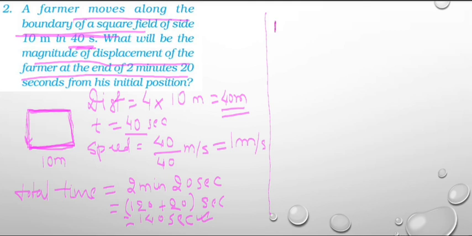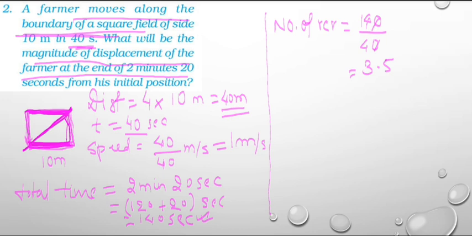So the total number of revolutions is 140 seconds divided by 40 seconds per revolution, which is equal to 3.5 revolutions. It means the farmer first started from here, 1, and then again 2, then again 3, and then this part, 3.5. So this is where the farmer stopped.